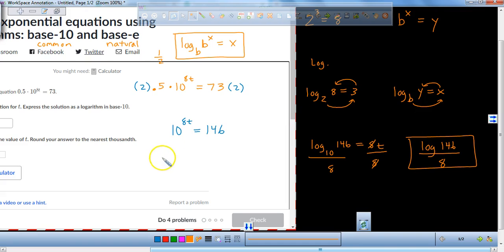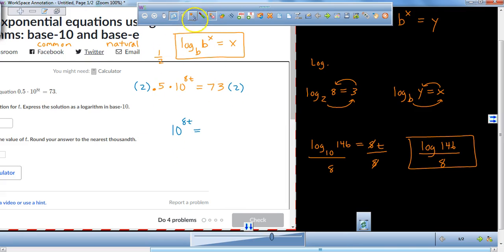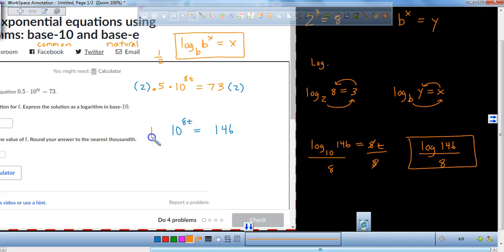I'm going to erase something real quick and give me a little bit more room on this side. If I apply log base 10 on this side, I need to apply log base 10 on this side. Now, log base 10, you can also do it without actually writing the 10 there. If these are the same, I can simply bring down the 8 and the t.